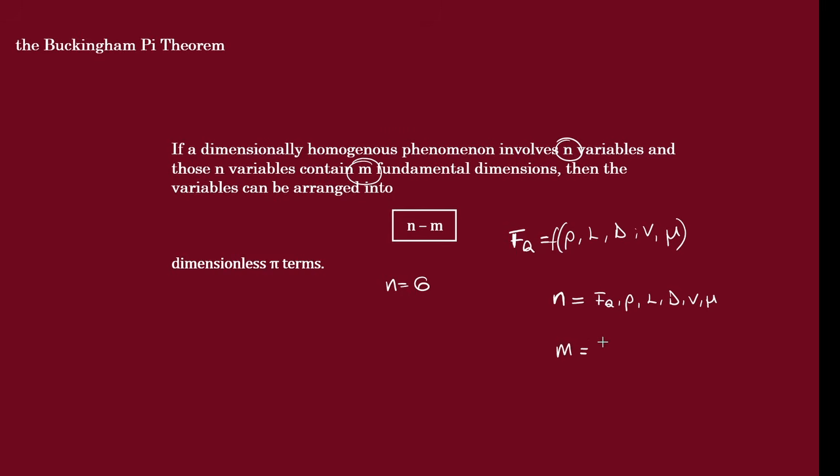So we know we're dealing with fluid mechanics, and almost always you're going to have 3 fundamental dimensions: mass, length, and time. But to rigorously verify this, you're advised to write out the dimensions for each of the variables and identify that there's no particularly repeating term.